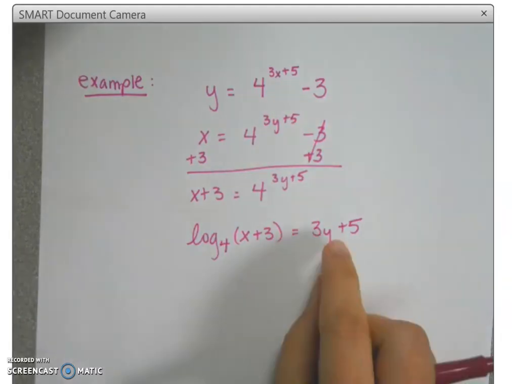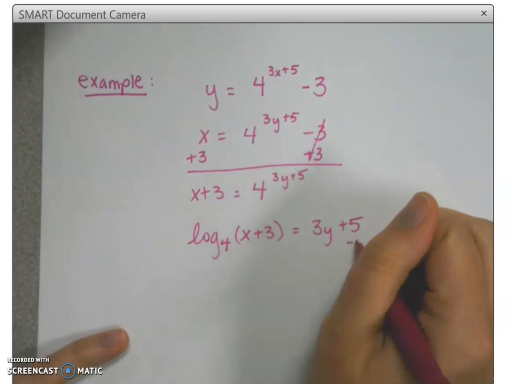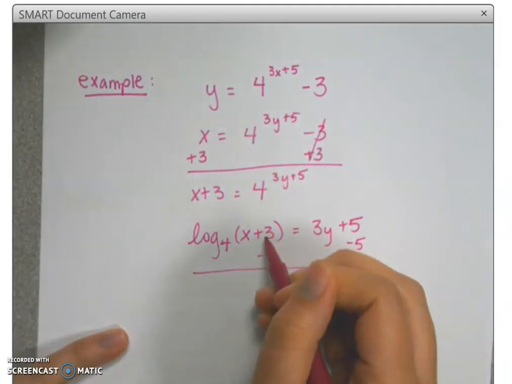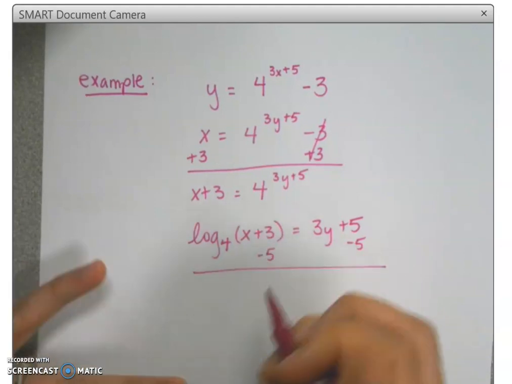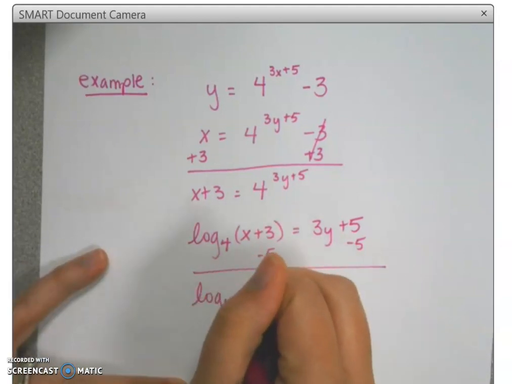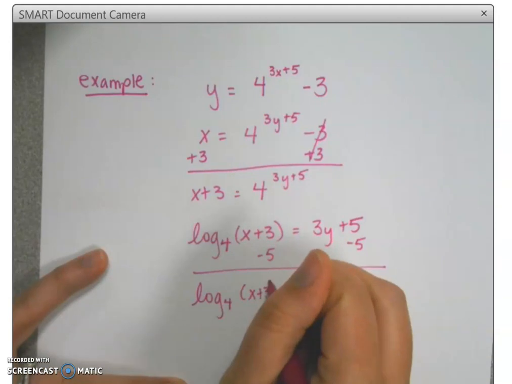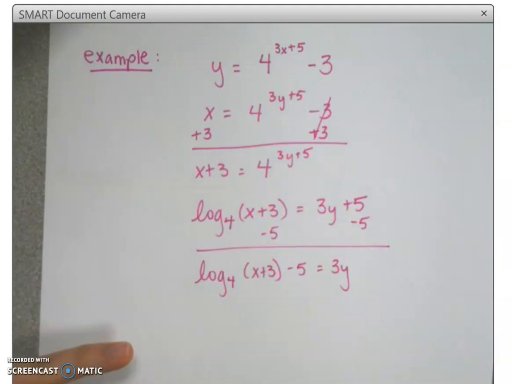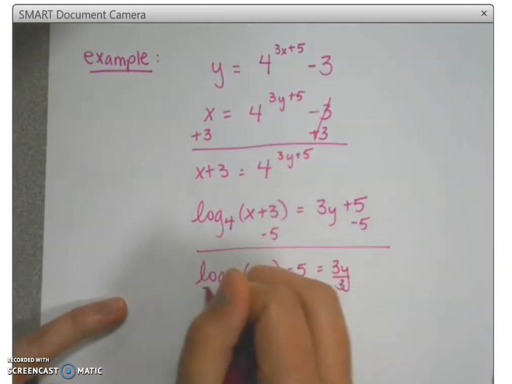From here, I just need to solve for y, so I'm going to minus that 5. Now be careful, you cannot minus the 5 from the 3. This 3 is a part of the logarithm, the 5 is not. And then the final step is just to divide by 3.